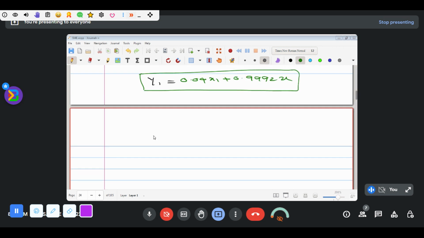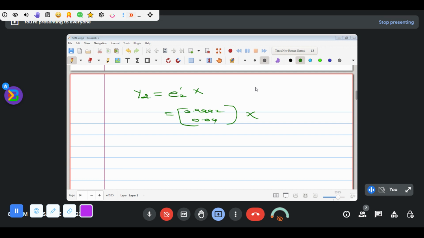Similarly, we can find the next eigenvector, that means principal component y2 equal to E2 transpose into x. Then what is the E2 value? 0.992, 0.04 into x. Therefore, just multiply the transpose. This is called a transpose. Therefore, x1, x2.